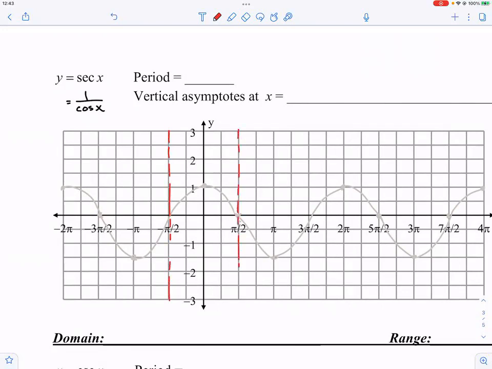So therefore, whenever you see the y value being 0, or it hits the midpoint, that's where you see the vertical asymptote. Because 1 over 0 is undefined. Again, understanding the why. I do not want you to memorize the location of the asymptotes. I want you to know the why. That's more sustainable.